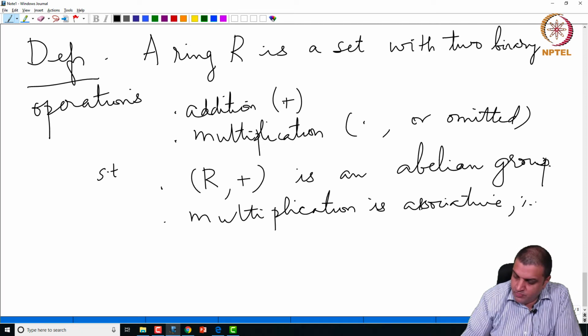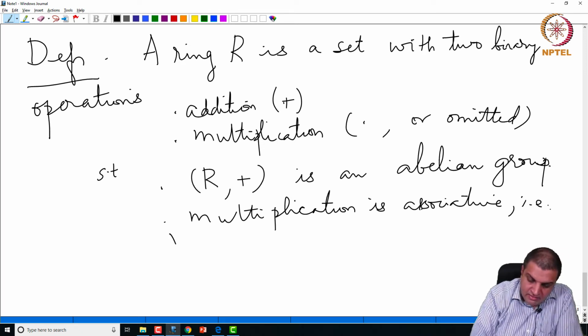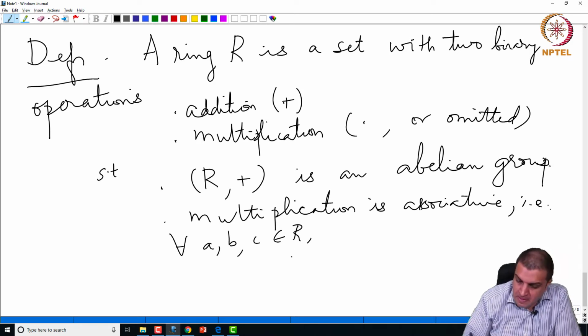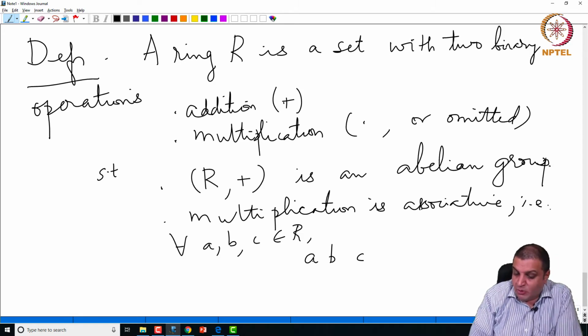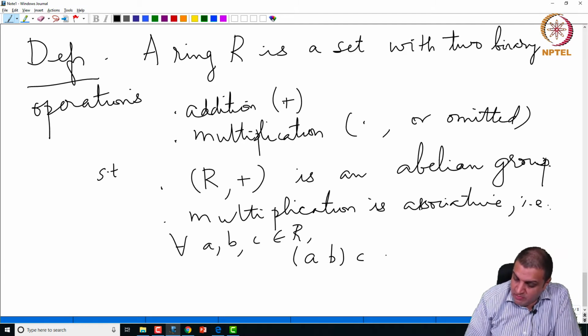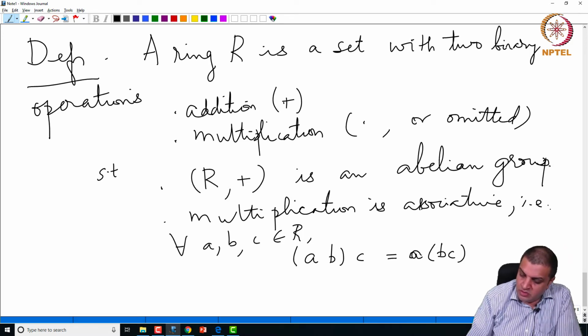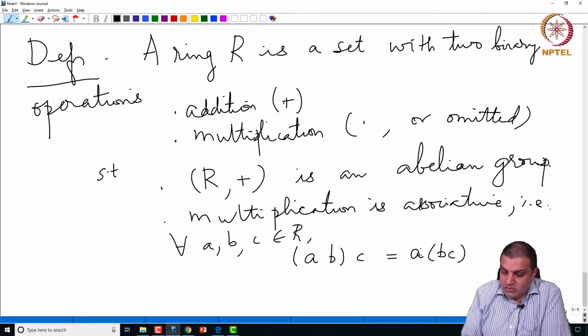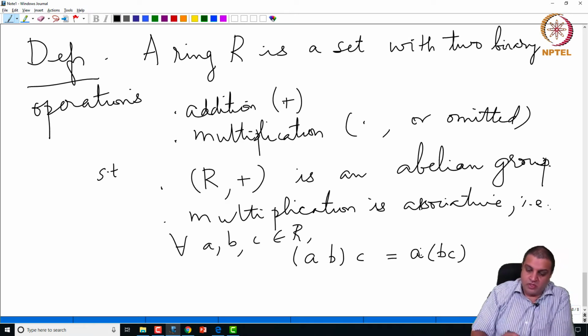That is, if you take three elements in the ring, if you take the products, but remember we can take products of only two things at a time. So we can do it in two different ways. We could take the product of AB first and then multiply it by C, or we could take the product of B and C first and then multiply by A, and the associativity property says that these two things give the same result. Okay, so multiplication is associative.